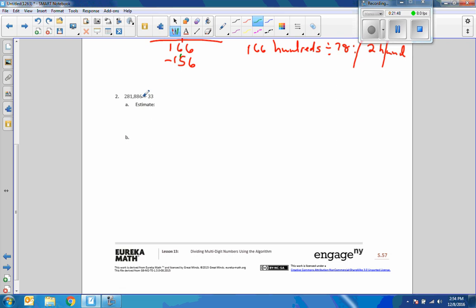Next question. Estimate 281,886 divided by 33. Okay, so we're going to estimate. Let's focus on this first. Let's round that down to 30. Since we rounded down, we're going to round up 281.